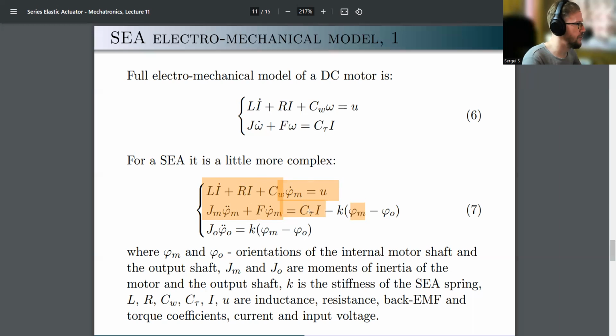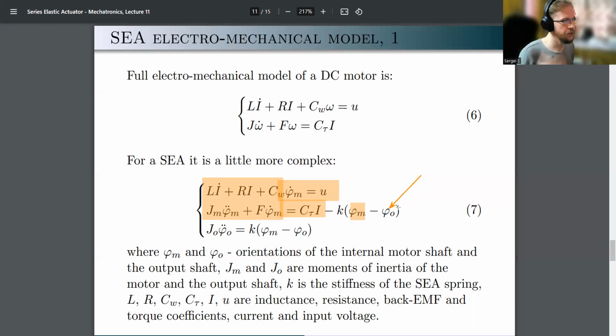But the idea is that you could make a local control loop which would treat this guy as an external disturbance or just an external input. We're not going to worry about it. Instead, we are just going to worry about producing k times phi m minus phi o to be what we want it to be.